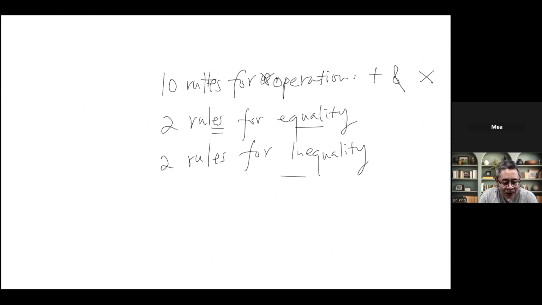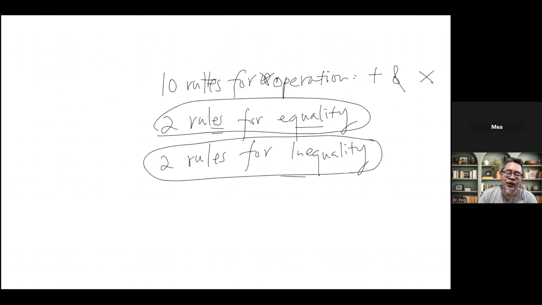They are pretty much the same, except that when we're dealing with inequality and we multiply by a negative number, we have to flip the sign.